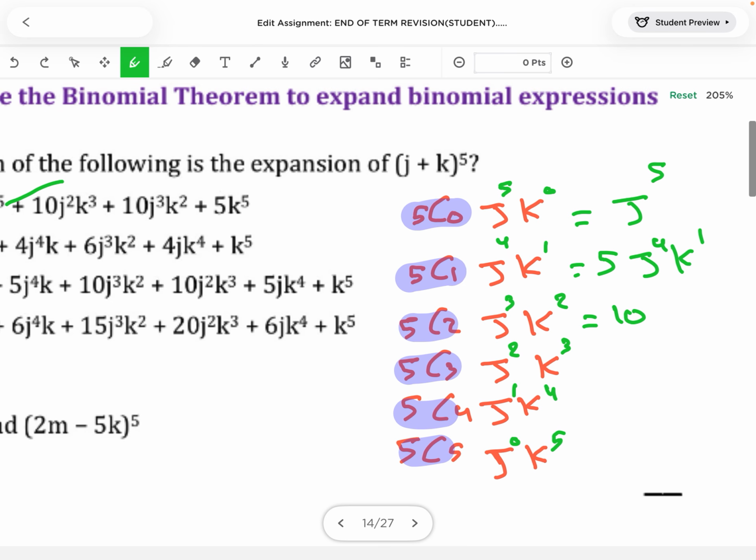The combination you can find above the divide key. Shift, you write 5, shift divide, then you write the number 1 or 2 or 3. j power 3 k power 2, 10 j power 2 k power 3, 5 j k, and k power 5.